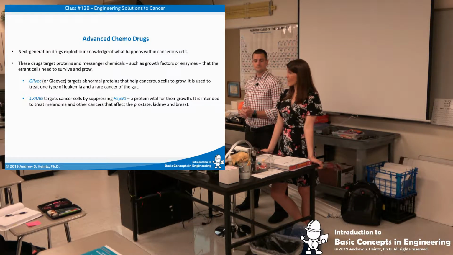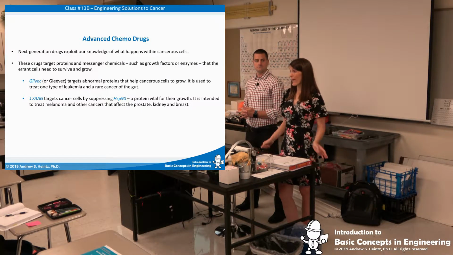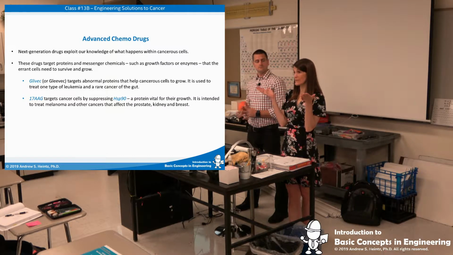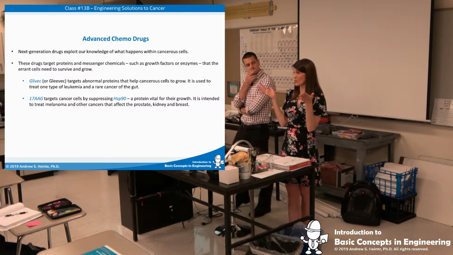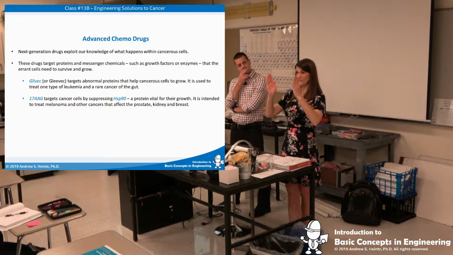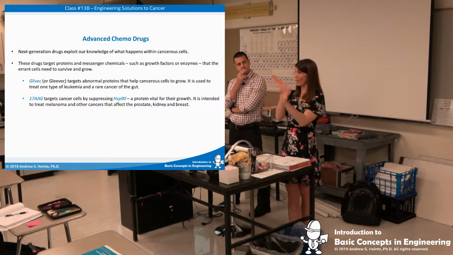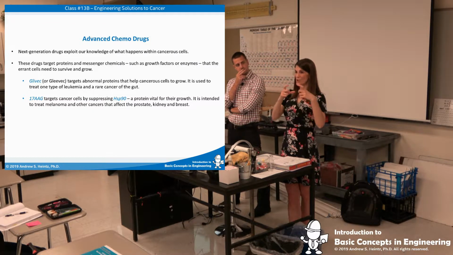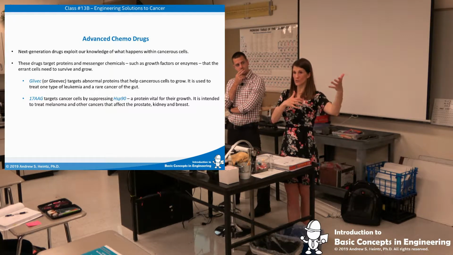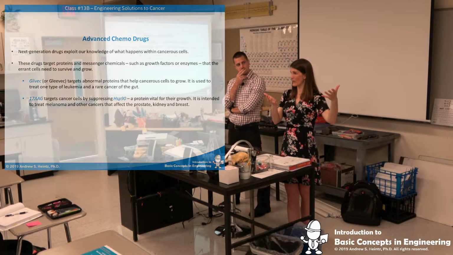And then they discovered that what happens with CML, chronic myelogenous leukemia, is that pieces of the chromosome actually flip on themselves. They break off and then they switch. And the new chromosome alignment, the way the genes are aligned on the chromosome once it's reattached, creates basically a proto-oncogene sort of situation that causes CML to happen.